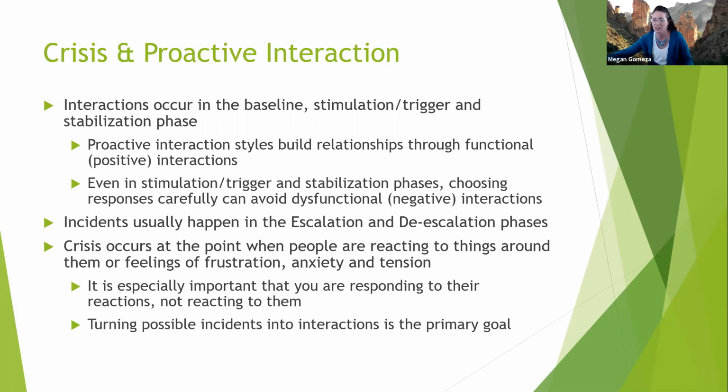So even in the stimulation, trigger, and stabilization phases, choosing responses carefully can avoid dysfunctional or negative interactions. Choosing responses carefully can avoid going up the cycle, basically, is what I'm trying to say there.